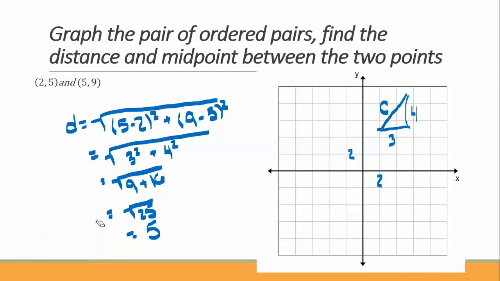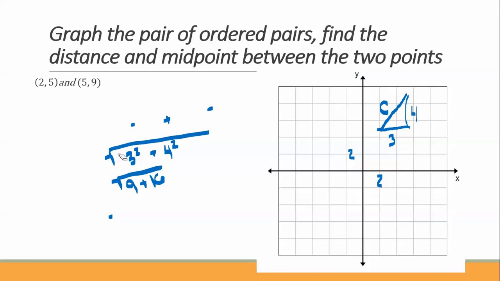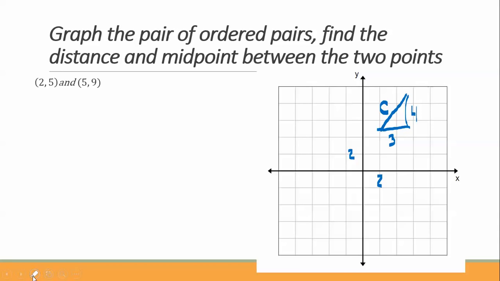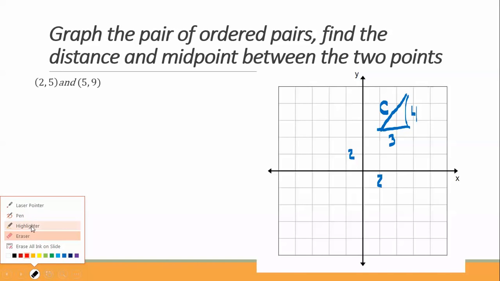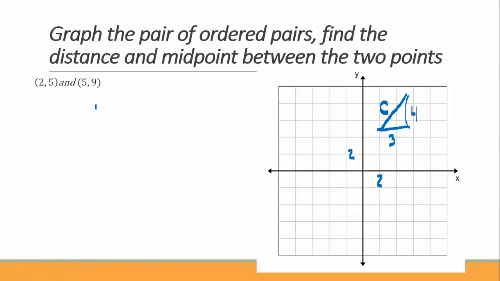Now we also have to find the midpoint, so I'll erase this again. If you need to, you can rewind and take notes again. Just go ahead and do that. So our midpoint is the average of the x values.